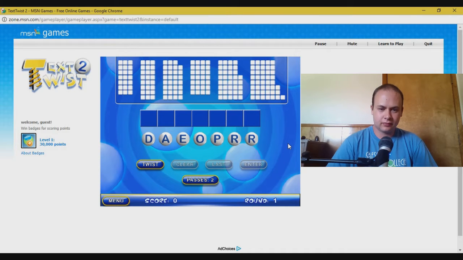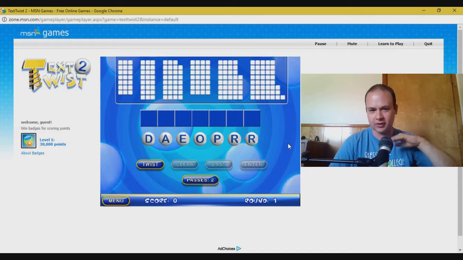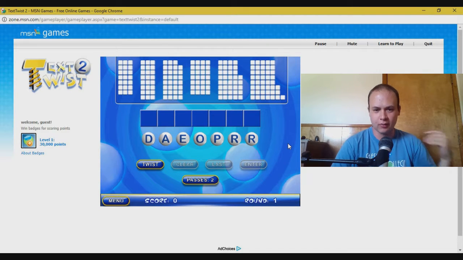But yeah, you also see all these options for other words. You get more points in the game for figuring out words of different lengths. But the only way to advance to the next round is to figure out the longest 7-letter word, basically.